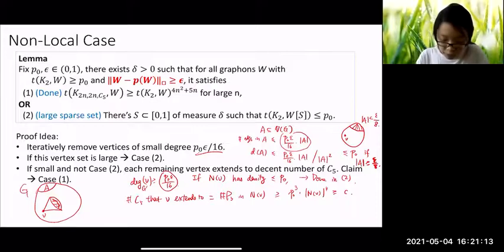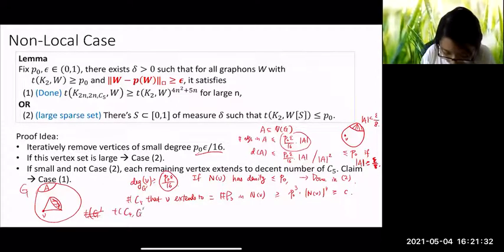So now we are pretty good, because in this remaining graph G prime, because A is very small, we only remove a super small subset from the original graph. So in G prime, the cut norm, so let's not do the cut norm, let's do C4. C4 of G prime is still very big.